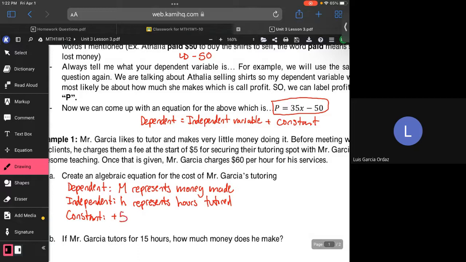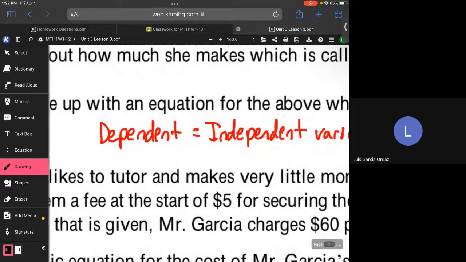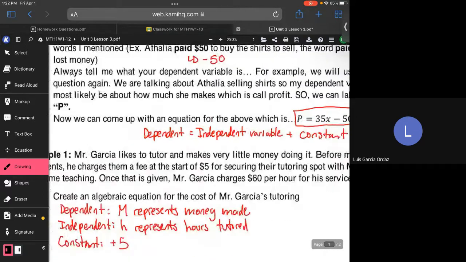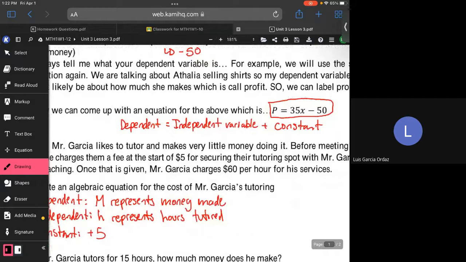So now what is my equation going to look like? What always goes on my left side? Kareem. No, on the left side. The dependent. So my dependent is M. I said that. Oh, I thought I said independent. Sorry. So M is equal to what?